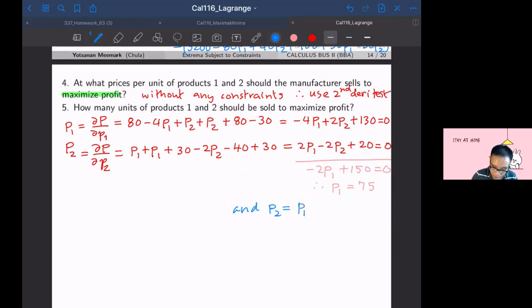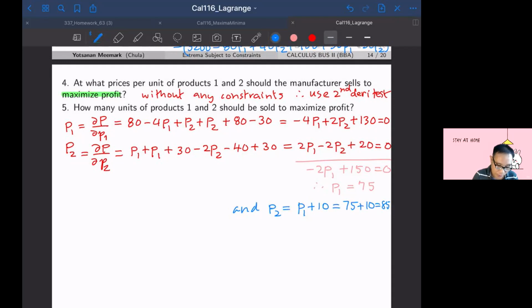So it's gonna be 75 plus 10 equal to 85. So I have p1 and p2 for the critical point, and then what am I gonna do?